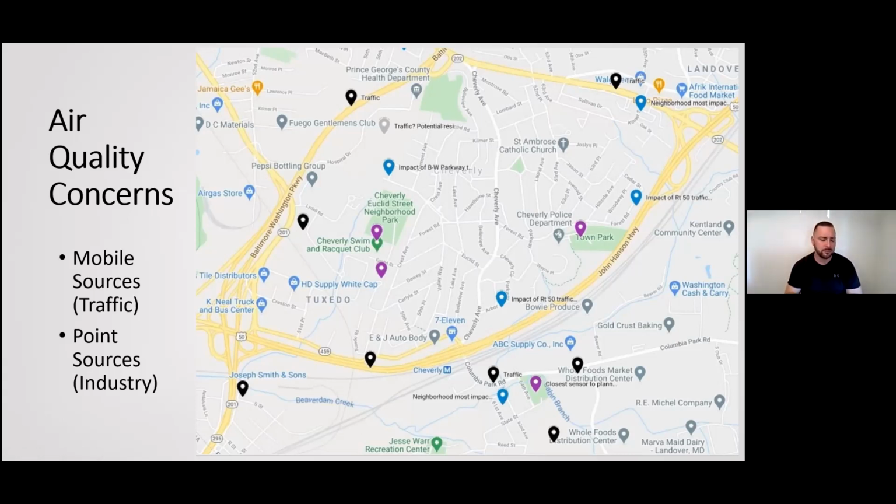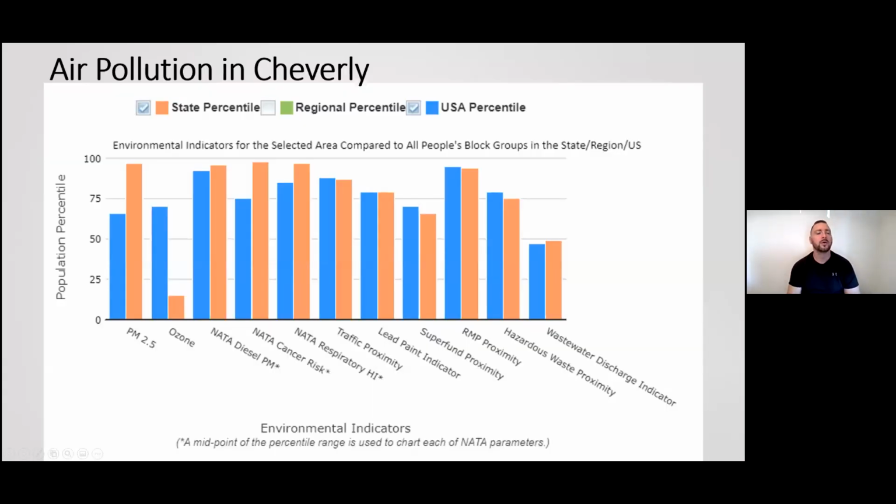And so we use a tool called US EPA EJ Screen, where we typed in Cheverly, Maryland, and this is the readout that it gave us. Comparing it to the state and comparing it to the country, Cheverly ranks, and then here are all the different ranks. So for particulate matter 2.5, it's in, we'll call this like the 60th percentile compared to the rest of the country, but it's up there in the 90th percentile compared to the rest of the state.